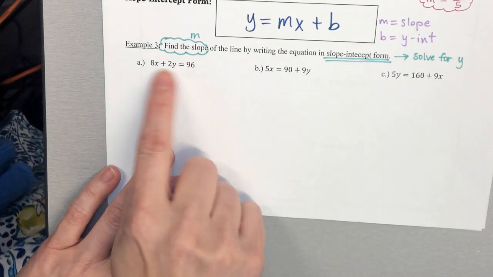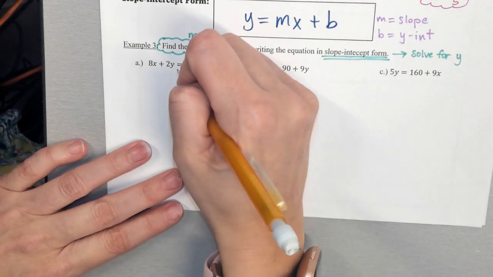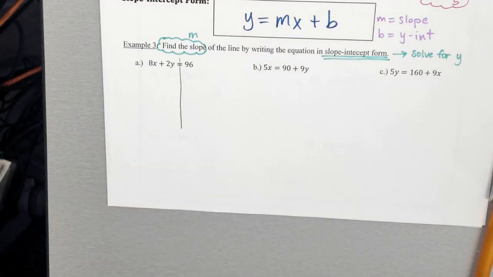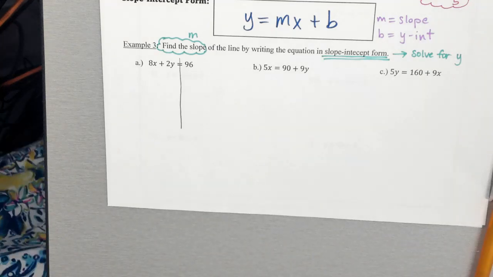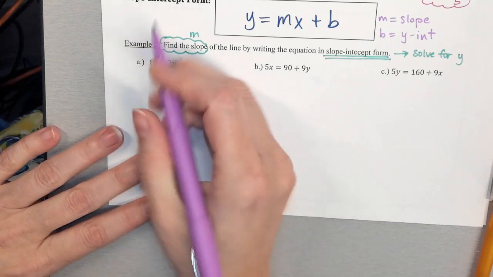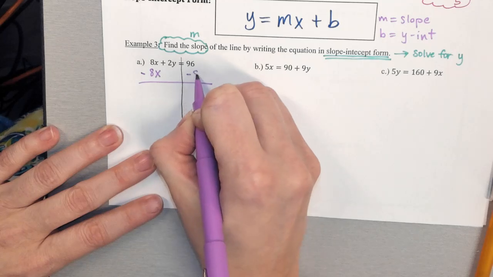Okay, so when we get here, we're going to use our rules. And one thing we like to do is we like to draw a line down the equal sign, because whatever you do to one side, you're going to do to the other side. So if you have 8x and you have to move this over, we're going to subtract 8x from both sides first.